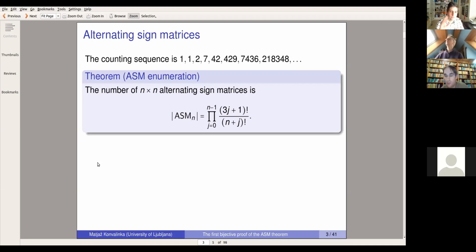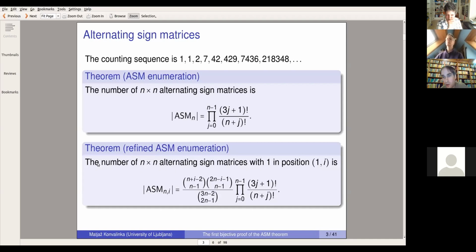So there's going to be exactly one non-zero value in the first row, and that's going to be a 1. And if it's in position 1i, then you have this refined count of alternating sign matrices of size n times n with 1 in position 1i. And this is the formula. As you can see, it's the same as before, but now it's multiplied by another fraction.